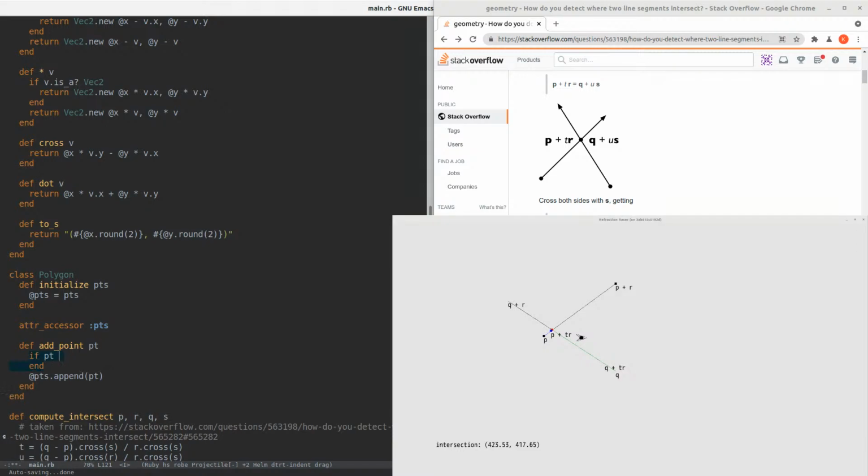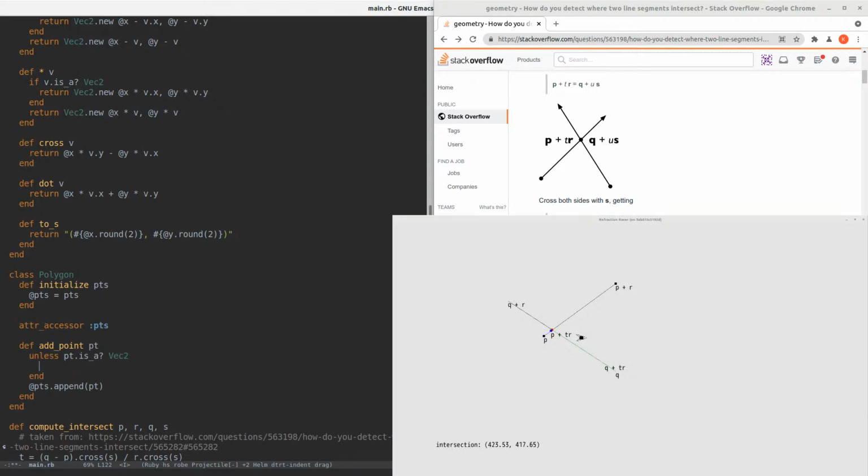So unless point is a vec2, we will return.